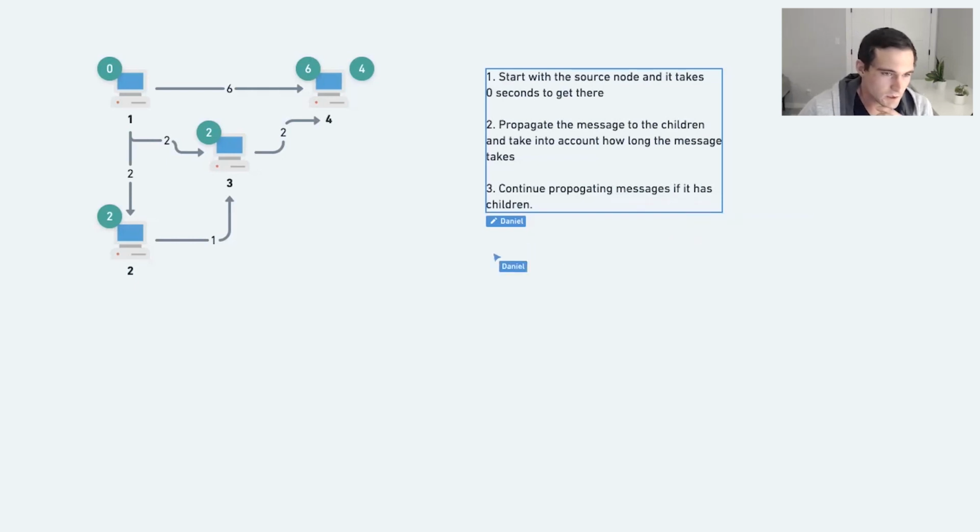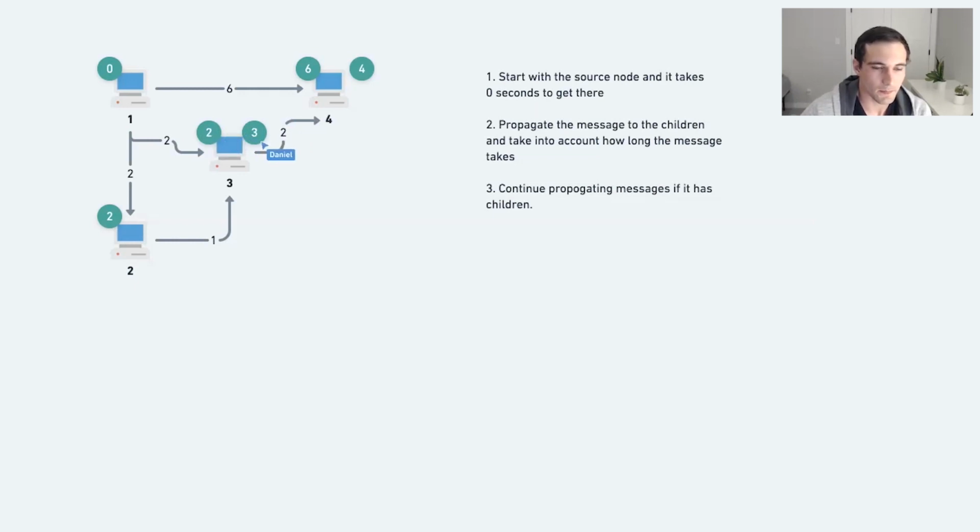But then the other case when we came back here was where we have a message that actually takes longer to get to the computer than a message that has already gotten there. And we saw earlier that it's kind of pointless to propagate this message because wherever this 3 gets propagated to later, the 2 has already been propagated to.